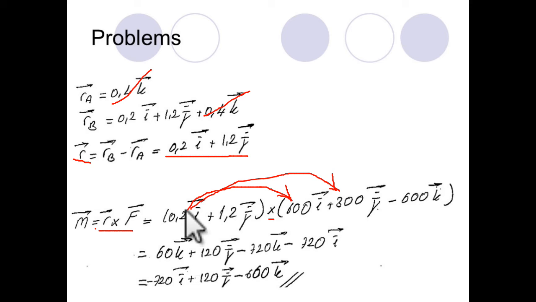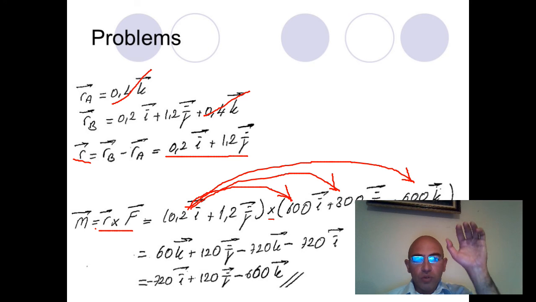Now if you multiply this term with this one, so i multiplied with k, just put your elbow on the x-axis again and curl your fingers towards the z-axis. As a result, your thumb will show you the negative y direction, right?